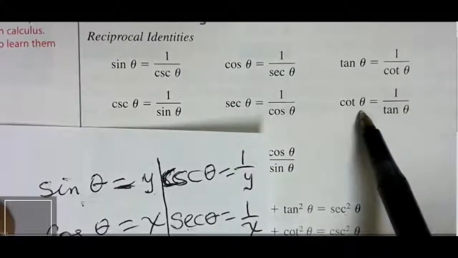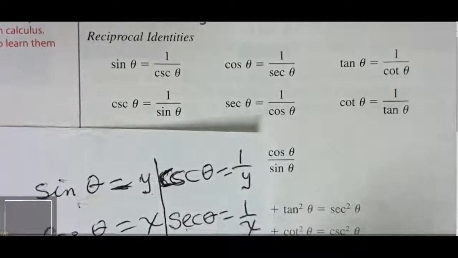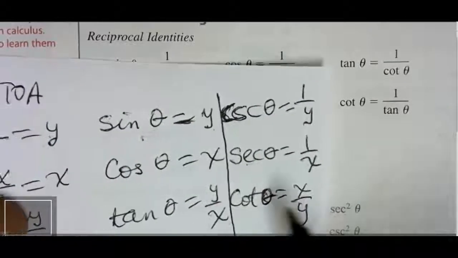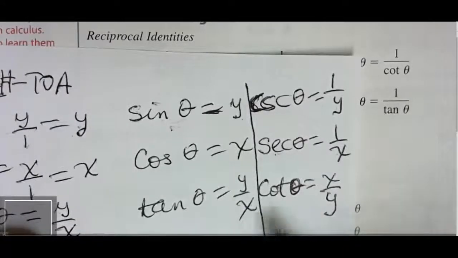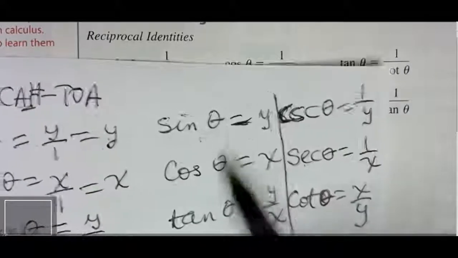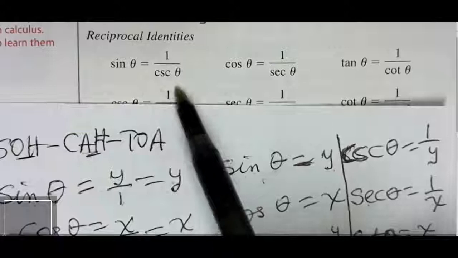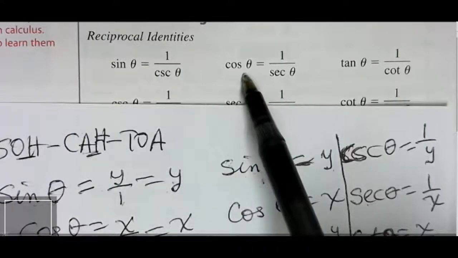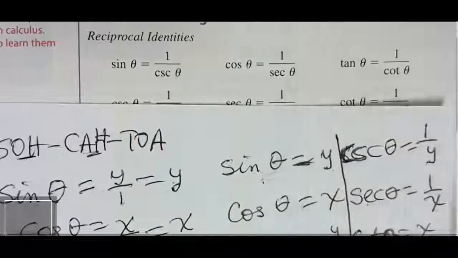And then cotangent is the same thing. Cotangent is 1 over tan theta. So of course tan is the reciprocal of cotan. Sine is the reciprocal of cosecant. Cosine is the reciprocal of secant, and so forth.